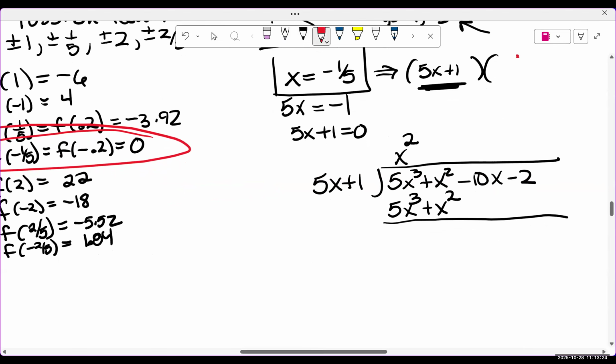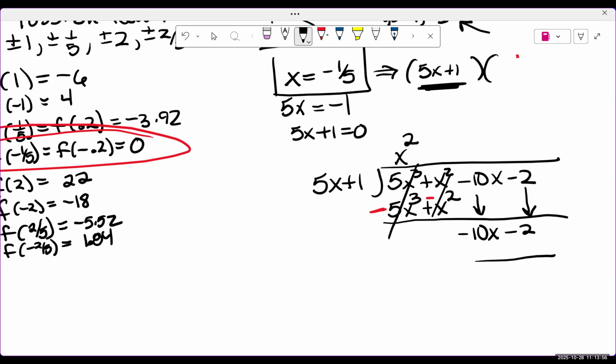Okay, next term, subtract. Disappear, disappear. Negative 10x comes down. Okay, so since we have two terms and my x squareds disappeared, I'm going to go ahead and bring down the negative 2 as well.